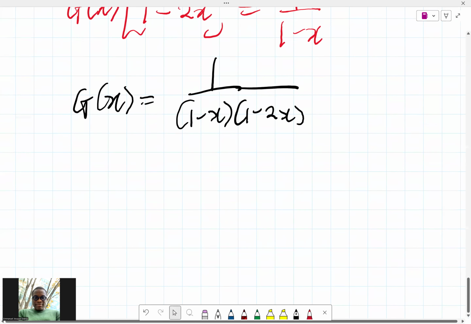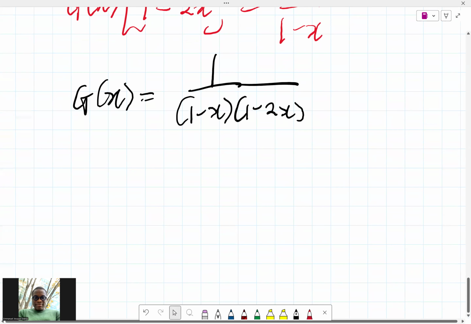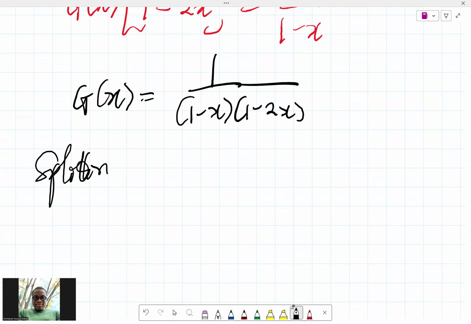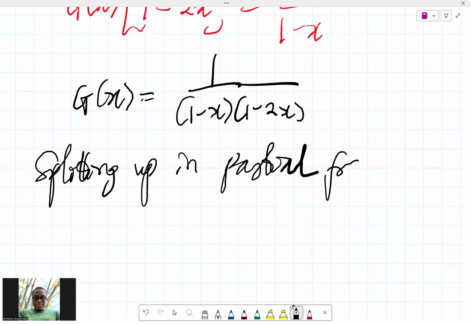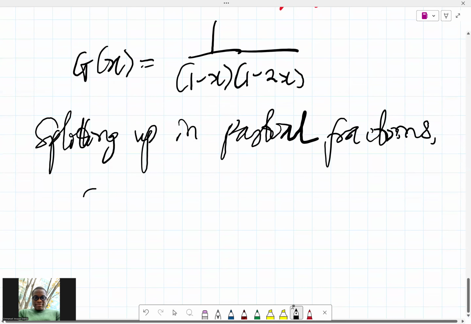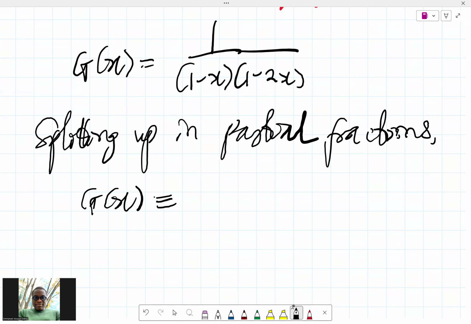So here we need to apply, what is it called now? We need to break this up, split this up into partial fractions. Let me do it to be sure what the values are.